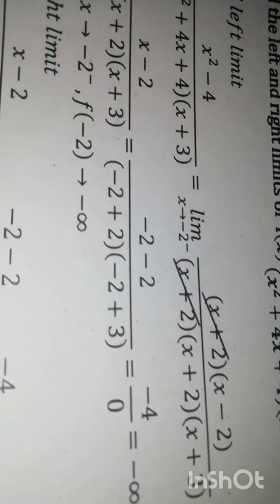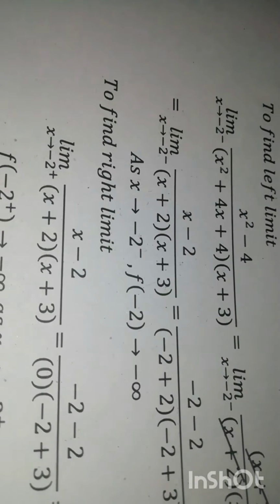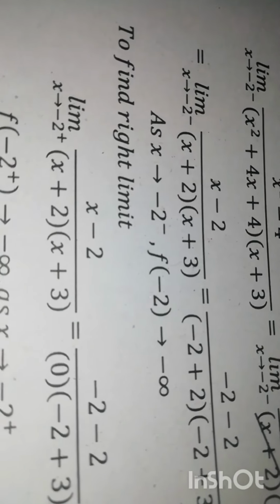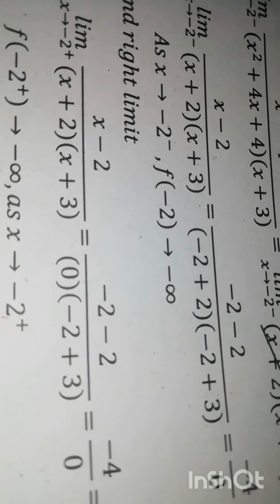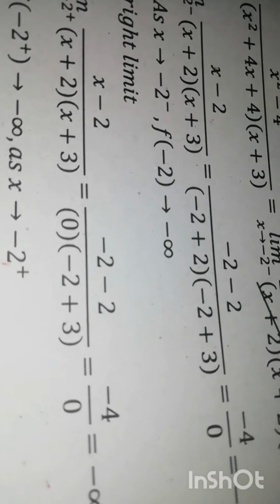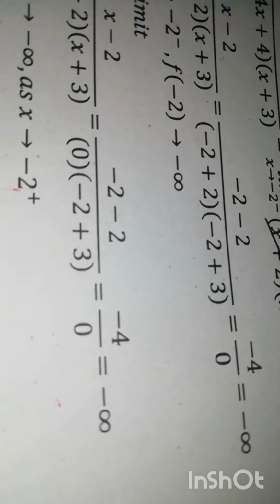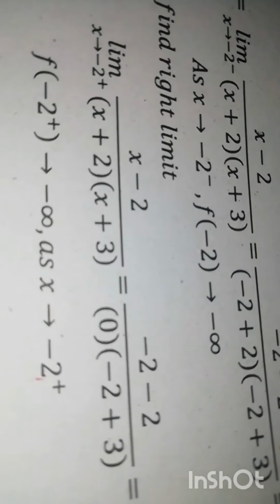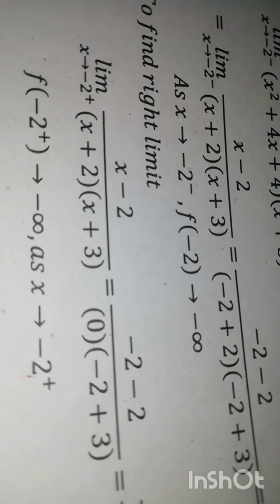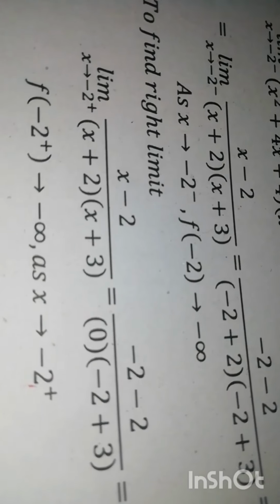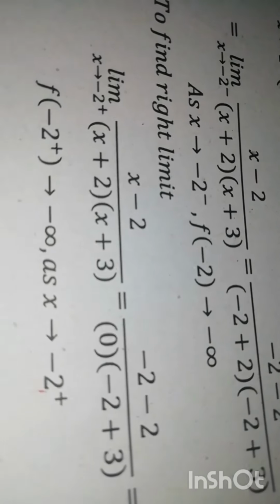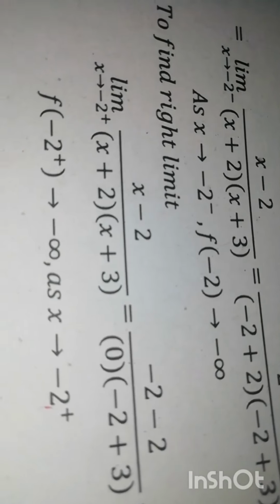Minus 4 by 0 means minus infinity. Next we can see the right hand limit. For the right hand limit also, put x tends to minus 2, and that also gives minus infinity. This is a symmetric function. The reason is that the left hand limit and right hand limit are equal, equal area covered.